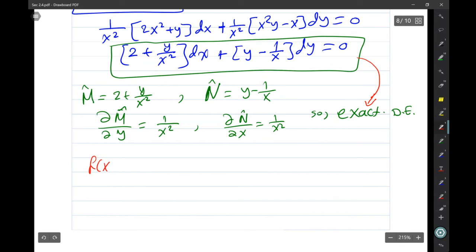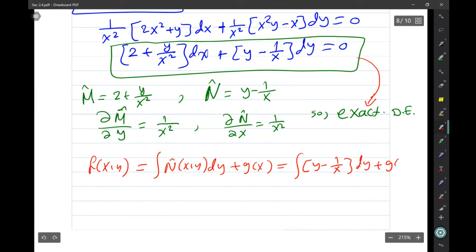Let us integrate M. So f of x,y is equal to the integral of M dash with respect to dy plus the function g of x, which is the integral of (y minus 1 over x) dy plus the function g of x, and that is equal to half y squared minus 1 by x times y plus g of x, so this is f of x,y.